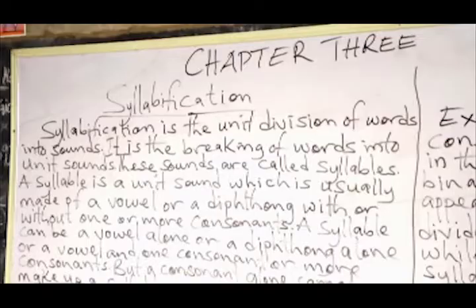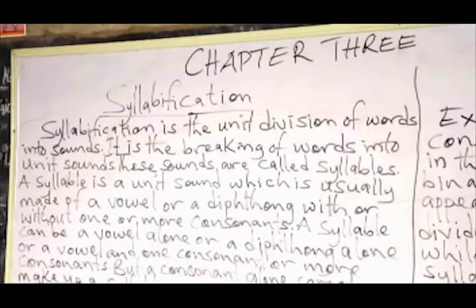A syllable is a unit sound which is usually made up of a vowel or a diphthong with or without one or more consonants. A syllable can be a vowel alone, or a diphthong alone, or a vowel and one consonant, or more consonants.